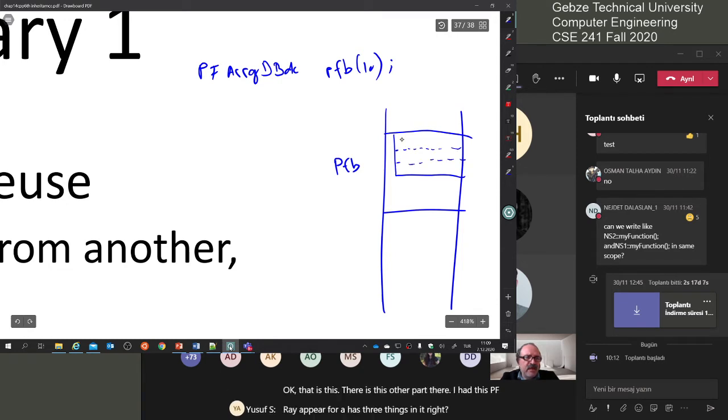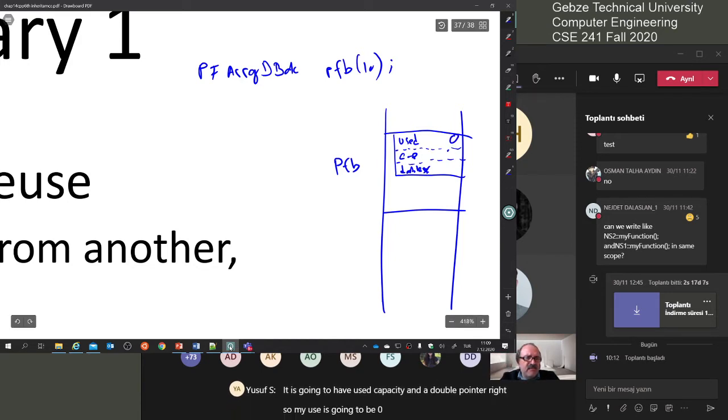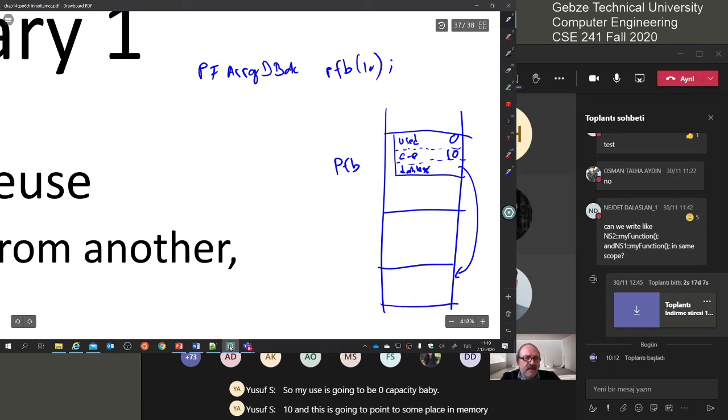It is going to have used, capacity, and a double pointer, right? So my used is going to be 0, capacity will be 10, and this is going to point to some place in memory, and that memory will have 10 elements in it.